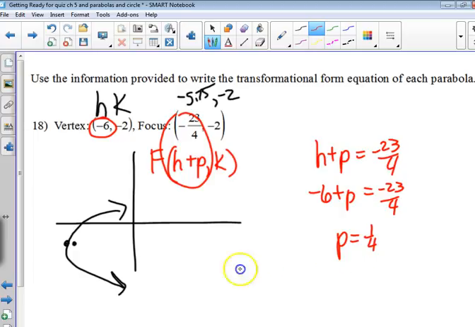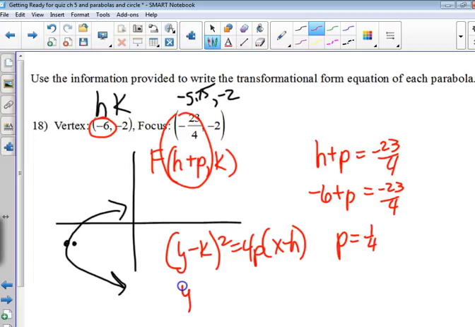So I think we're ready to write the equation, right? It's opening sideways, so it's y minus k equals 4p x minus h. So y minus k was -2, so it's plus 2. 4p would be what, guys? Just 1. You can write it there or leave it off altogether. X minus h, which will be plus 6.